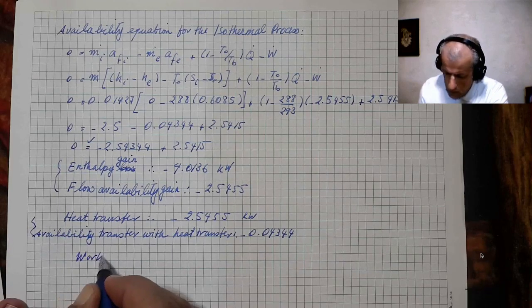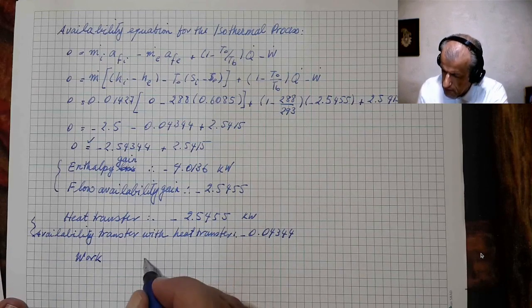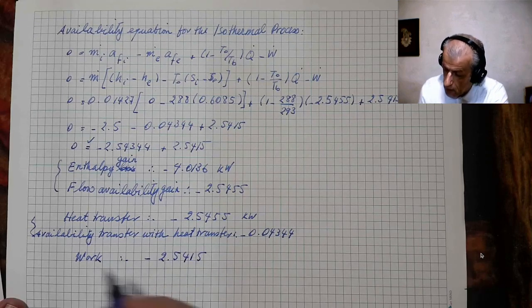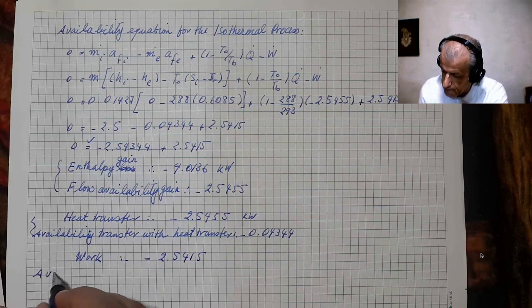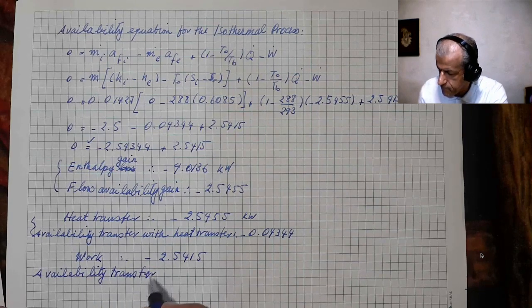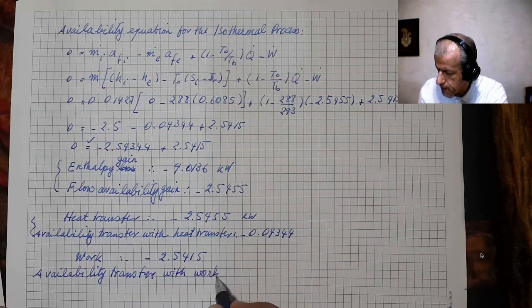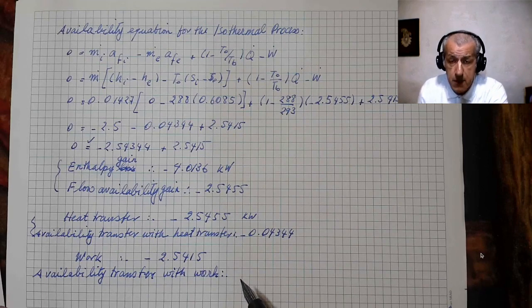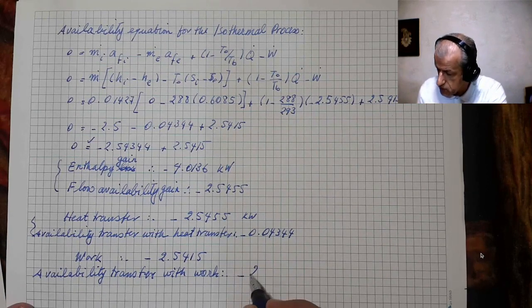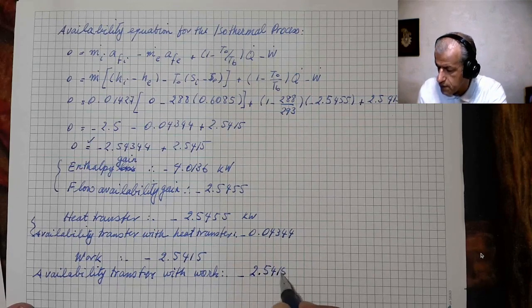And finally, work, which is minus 2.5415, and availability transfer with work is exactly the same because work is of the same nature as availability, and they are the same thing, 2.5415.